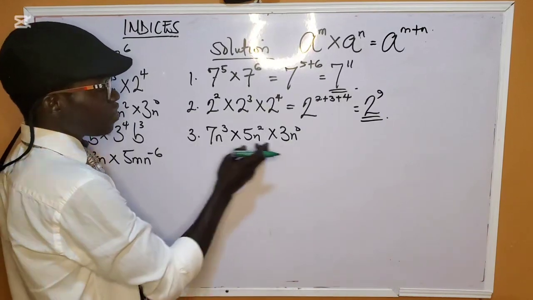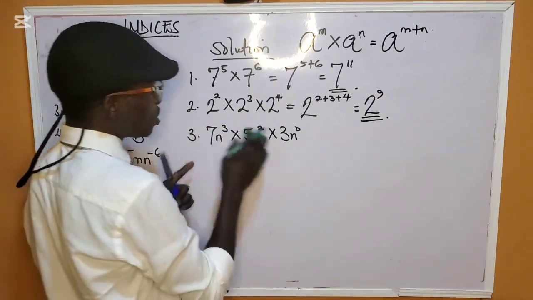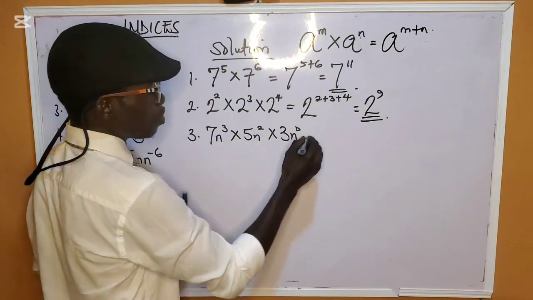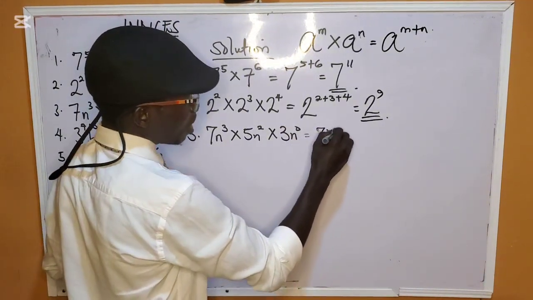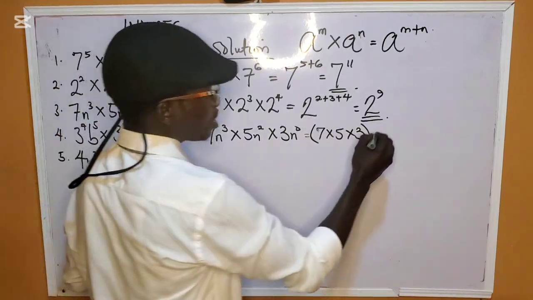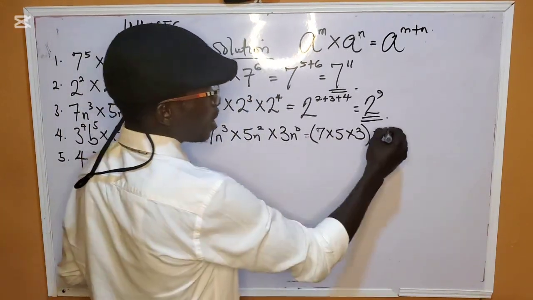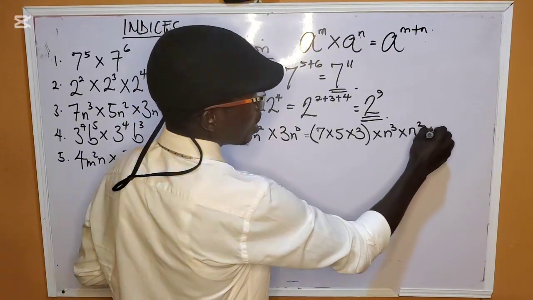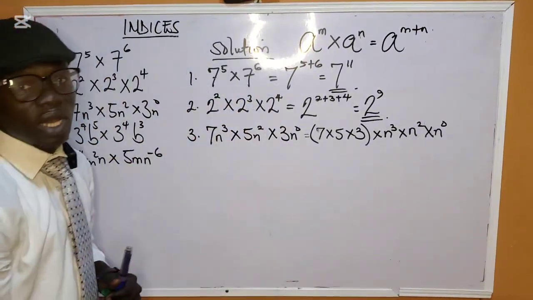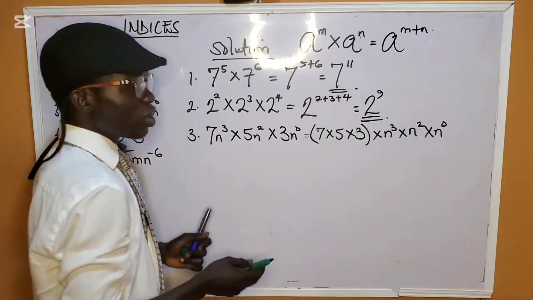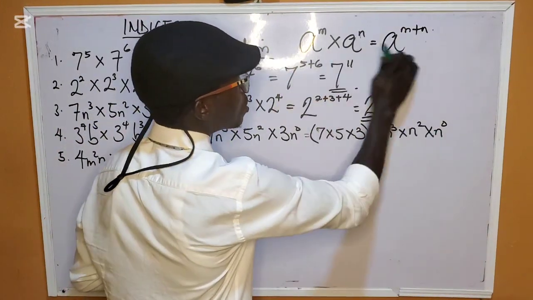The first thing we need to do is take the coefficients together, then we take the n's together. That is 7 multiplied by 5 multiplied by 3 in one bracket, multiplied by n raised to the power 3 multiplied by n raised to the power 2 multiplied by n raised to the power of 0. You know that any non-zero number raised to the power of 0 gives us 1. But we don't need to be in a hurry. We just need to use our multiplication rule.